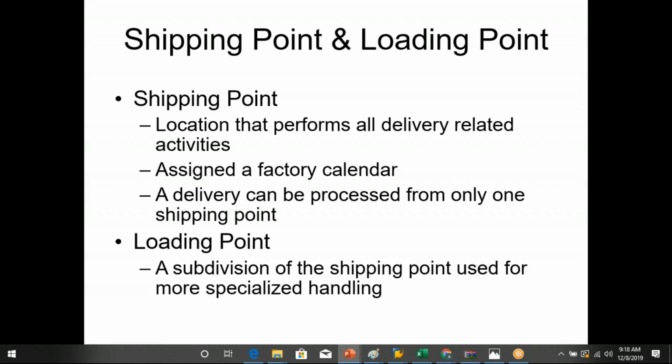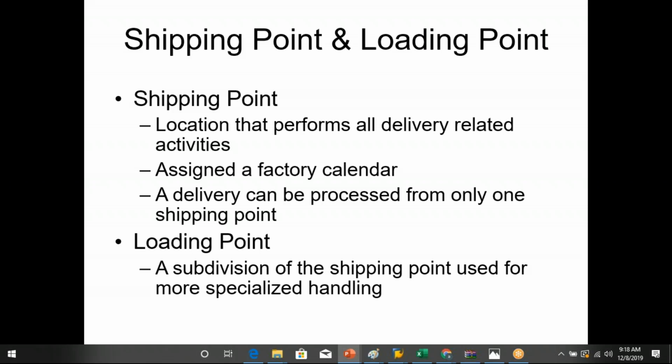And also, another simple example for the shipping point is that it is the place where the ownership changes from your side to the customer side. Once the goods have left the shipping point, what does it mean? It means the ownership of the goods has changed from the company to the customer.